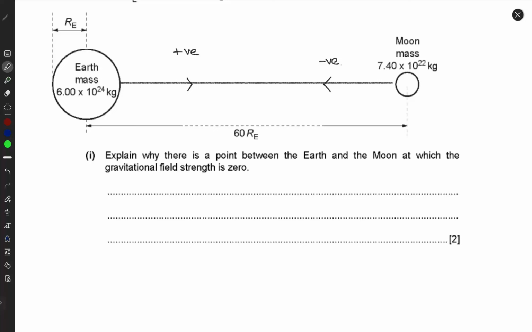These would have their own values, but at one particular point these two values might be equal, and when they are equal, adding positive and negative would vanish. That's the reason there can exist a point in between these two objects where the gravitational field strength would be 0.